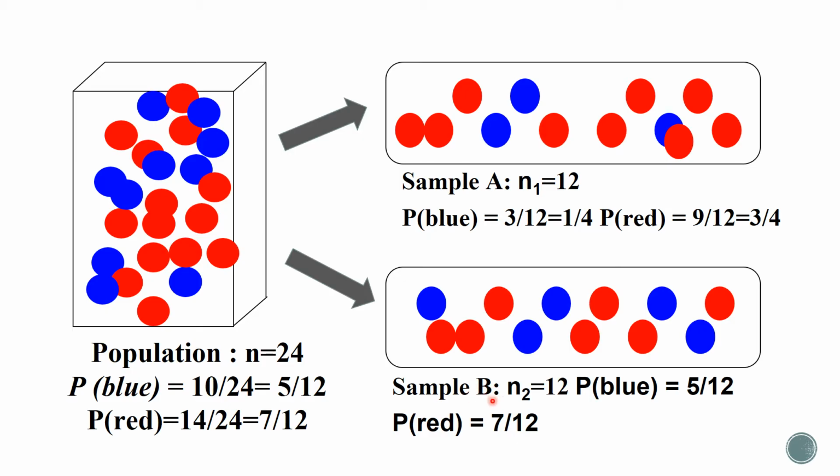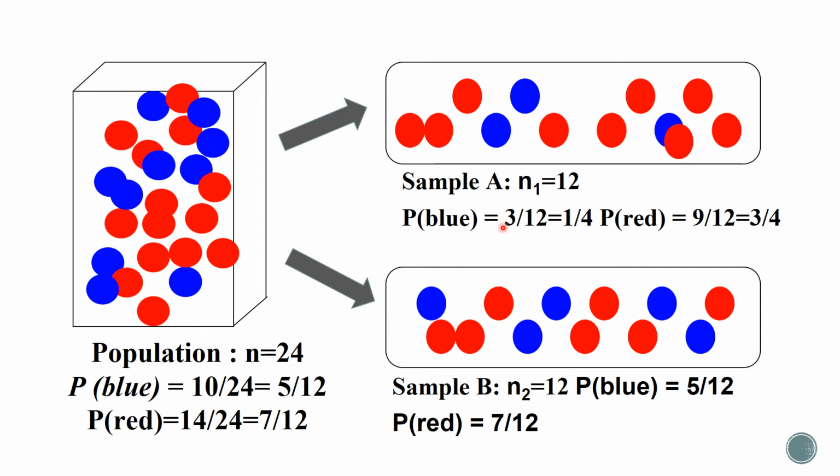You realize that in sample B, the result is absolutely okay. This resembles the original more, because the probability of a blue ball is 5 on 12 as in the original population, and the probability of a red ball is 7 on 12, which is pretty much the same as in the original population.